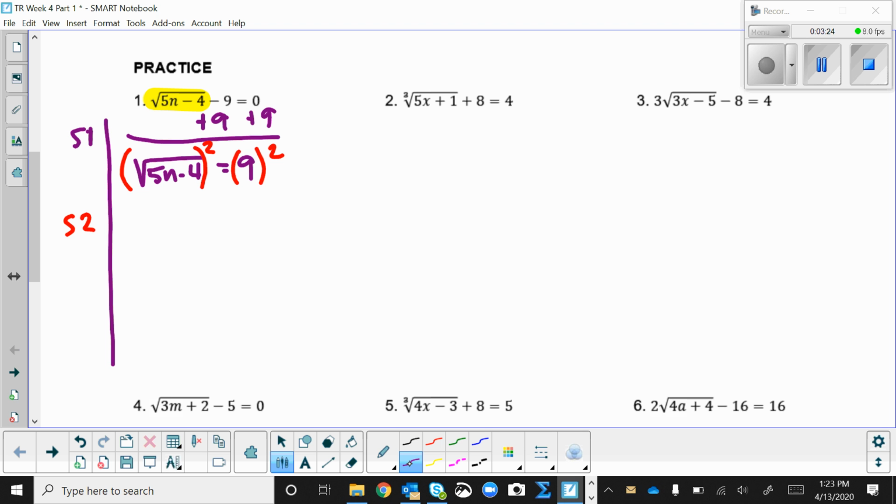What happens here, and the reason why I had to do it to both sides is because it's an equation. So just like we added 9 to both sides here, we're raising both sides to the second power here. And the square cancels out the square root. And what you have left over there is the radicand, whatever was inside the radical, which was just 5n minus 4. And on the right-hand side, we have 9 squared, which means 9 times 9, which is 81.